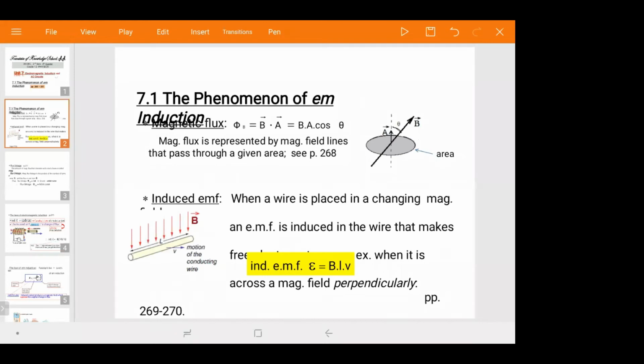And you see here in the drawing, for example, a single wire cutting across the magnetic field. Interestingly, then you get maximum induced EMF when the wire cuts across the magnetic field perpendicularly.